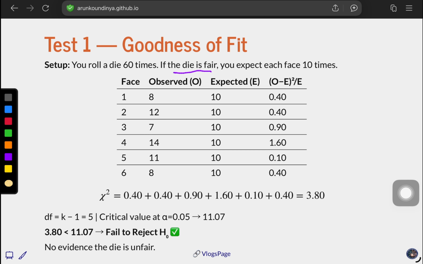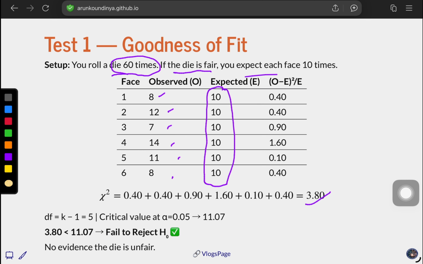We have rolled a die 60 times. We have observed 8 times, 12 times, 7 times, and so on. Ideally, if it is a fair dice, we expect every face to be equal. So accordingly there is a formula, and when we computed it, we got 3.8.